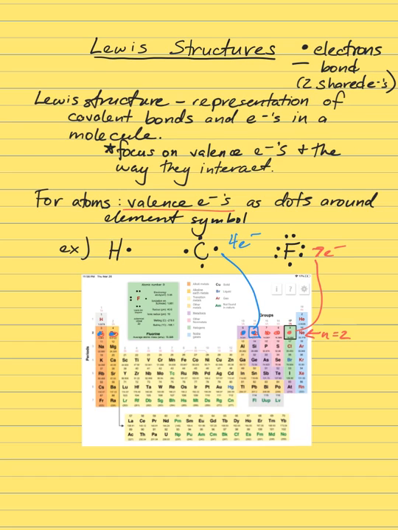All it tells us is how many valence electrons there are. But if you can do a Lewis representation for an element, then you're beginning to understand the way that these would combine to make a molecule structure. So let's start looking at that on the next page.